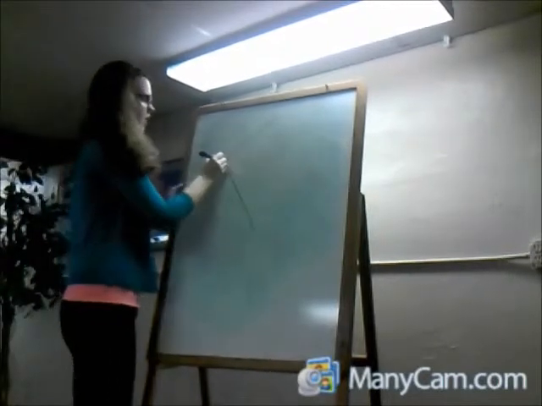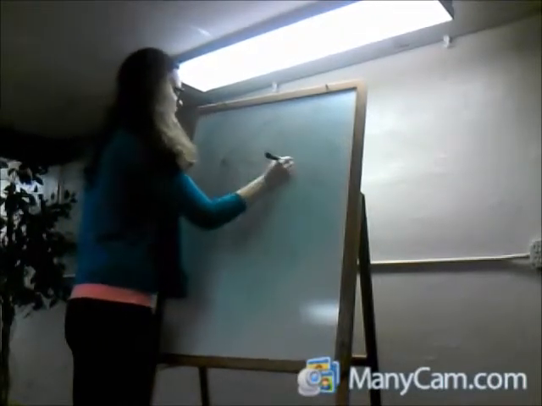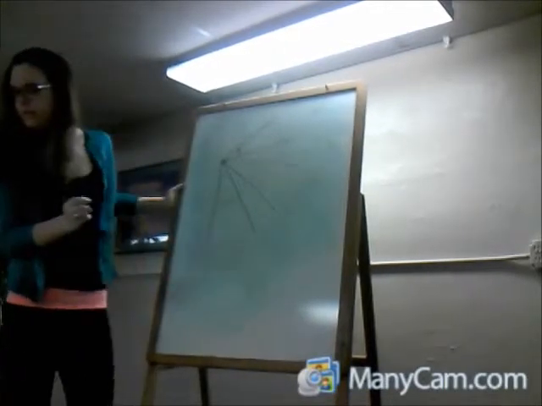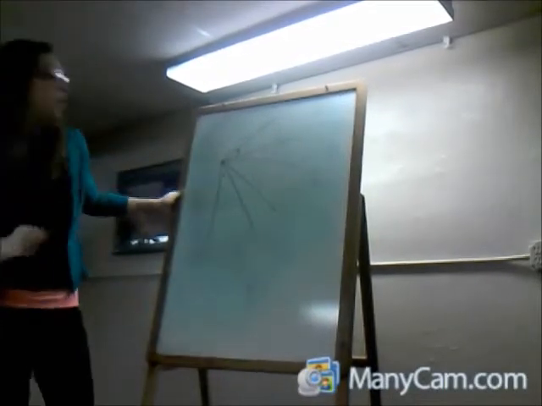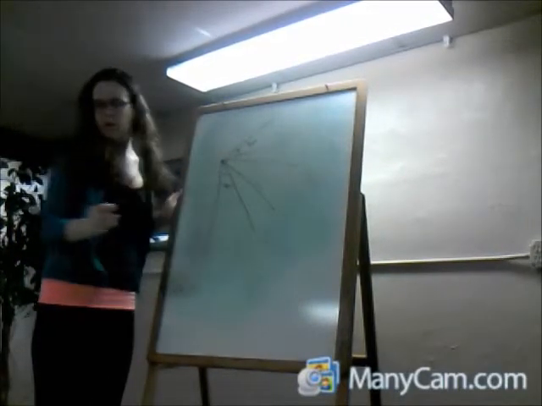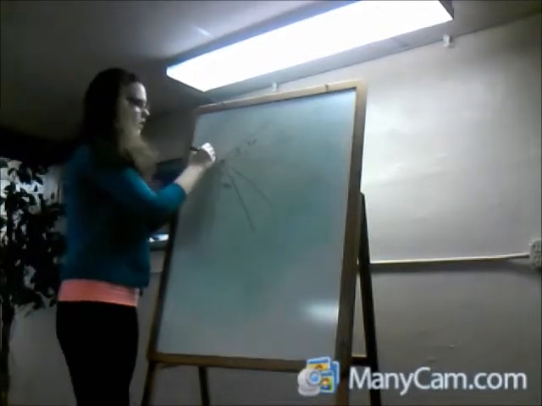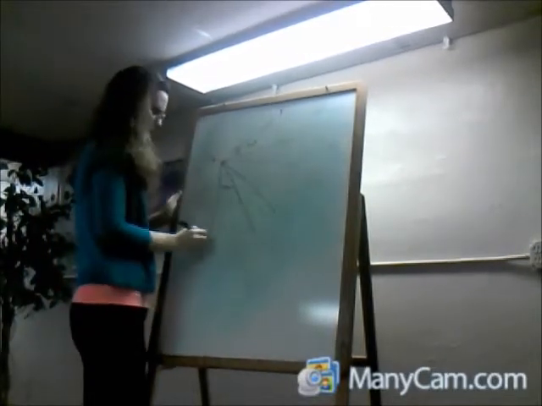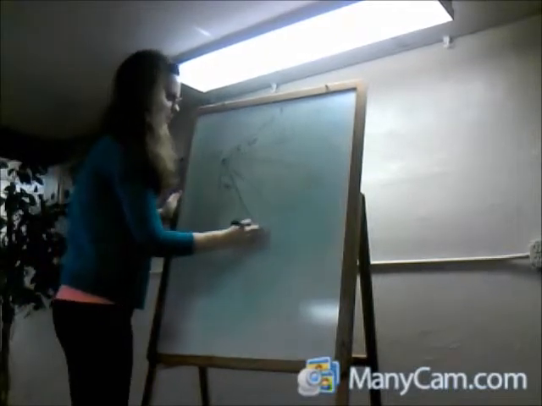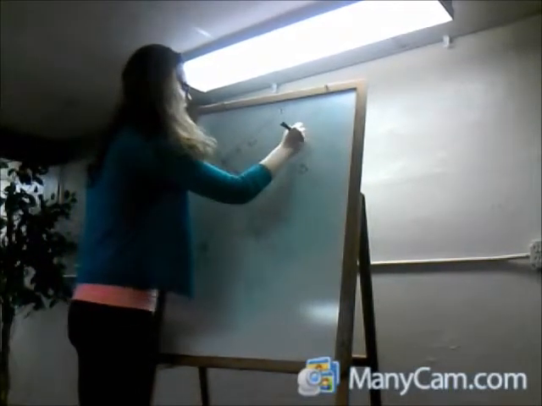So then we got 30, 40, and then this is FOA, goes to B. A lot of this is just labeling.